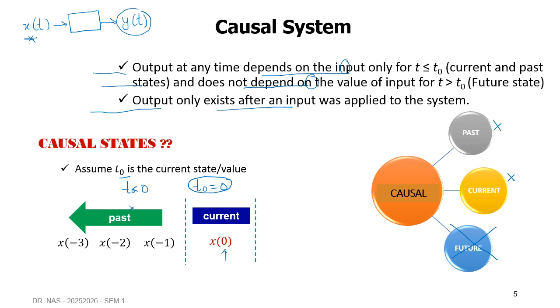So any values of t less than 0 represent the past state or the previous state. And when t is larger than the current state, in this case 0, you have the future state. So now t is larger than your t0. Okay, so 2, 3, and so on.